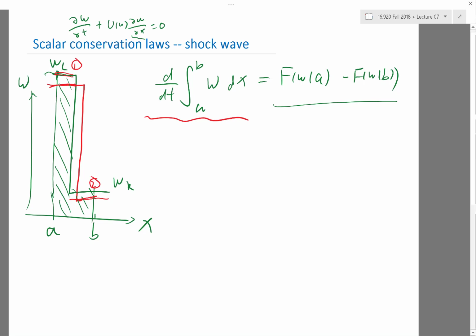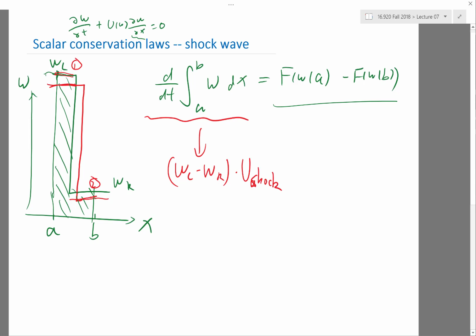If all the contribution is the movement of the shock, then the increase in the area is just WL minus WR times the speed of the shock, U shock.